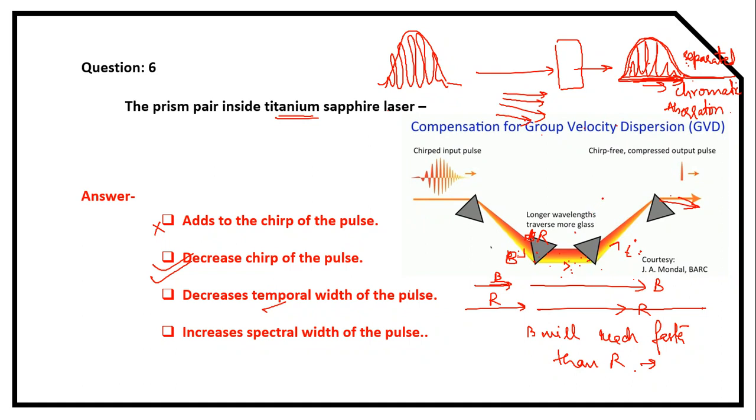The chirped pulse is very broad, and the output when the light passes through the whole prism system is a compressed output pulse. From this picture we can conclude that the temporal width of the resultant wave is quite reduced compared to the input wave.